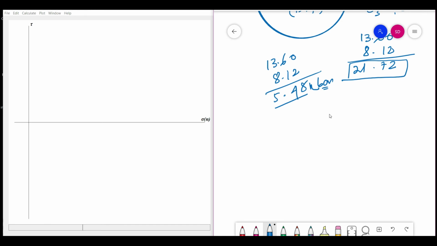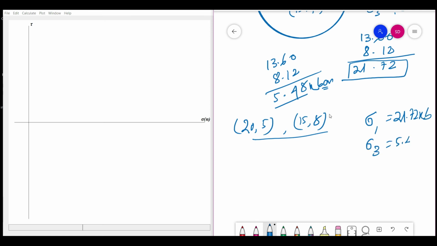So for the points 20 and 5 and 15 and 8, we get sigma 1 as 21.72 kilobar and sigma 3 as 5.48 kilobar.